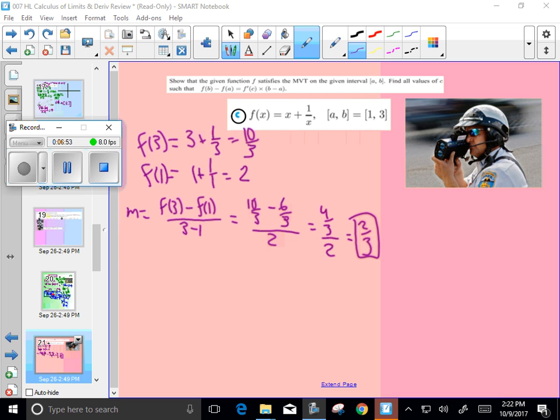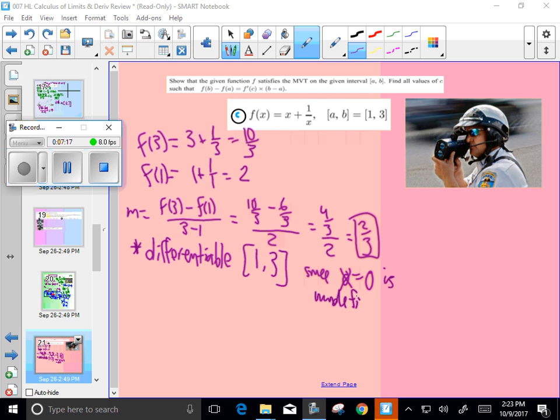And it is differentiable on 1, 3, since x equals 0 is undefined.